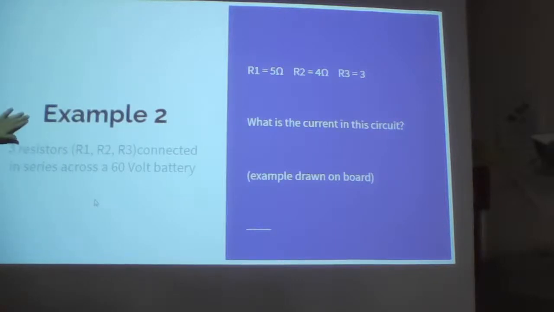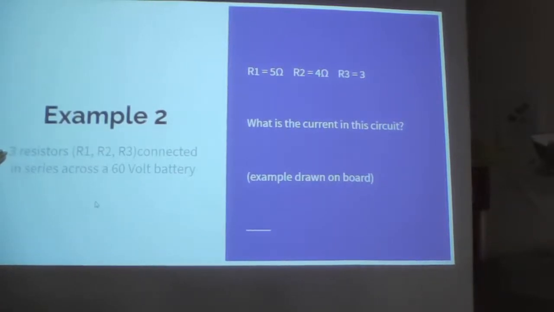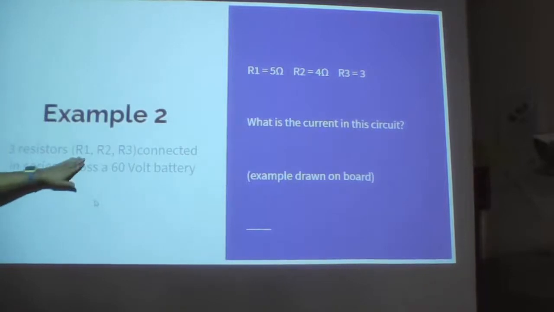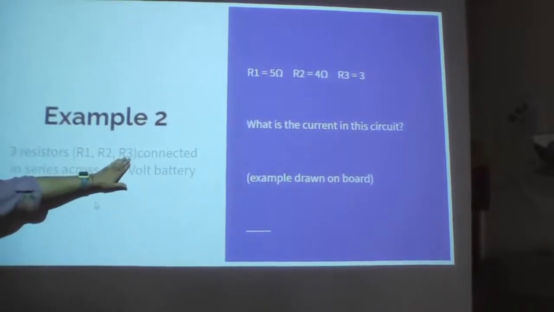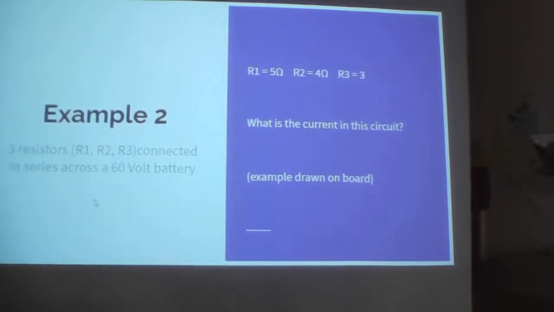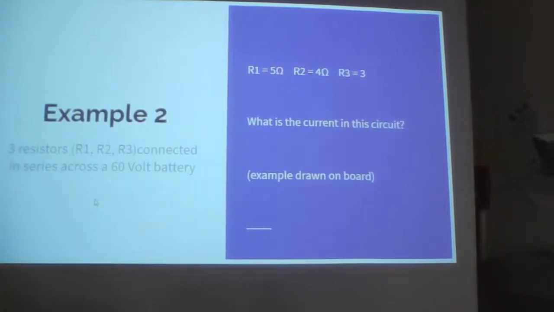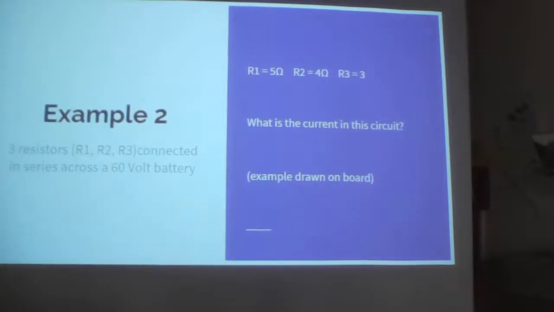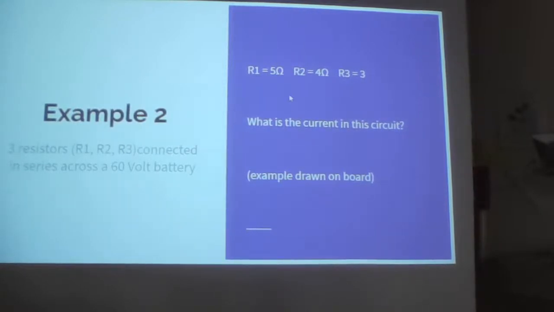Okay, so it says example 2, and right here it says 3 resistors (R1, R2, R3) connected in series across a 60-volt battery. Then I have the formula, which is the same exact problem I just did on the board. I gave you the resistance of the resistors.